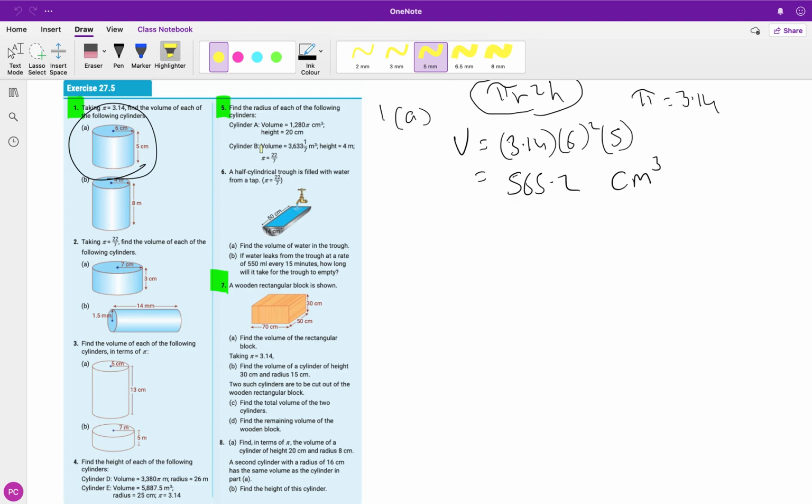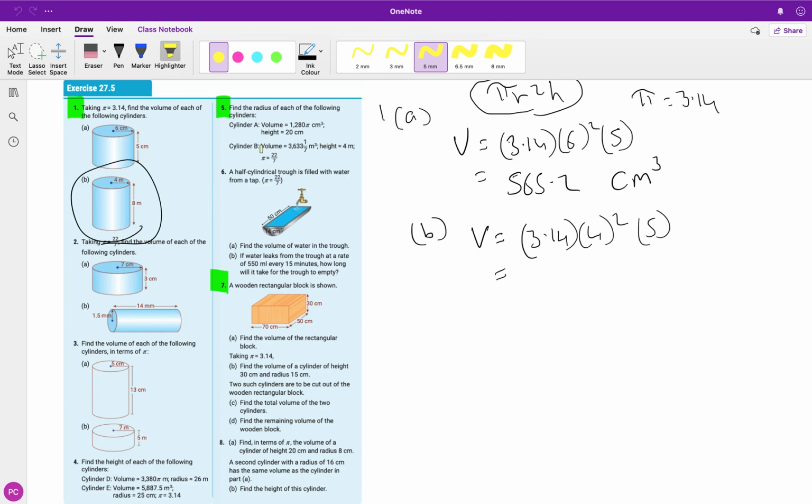For part B, it's the same formula. So volume is equal to pi, so 3.14, r squared, which is 4 squared, by the height, which is 5. I think that's a 4, I can't see it. Your answer is going to be in centimeters cubed.